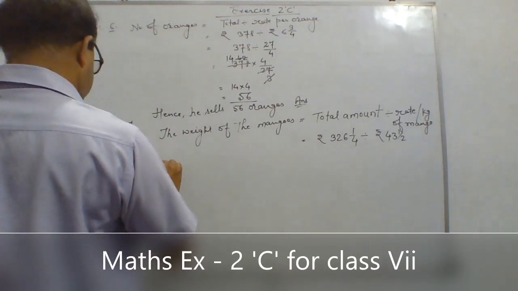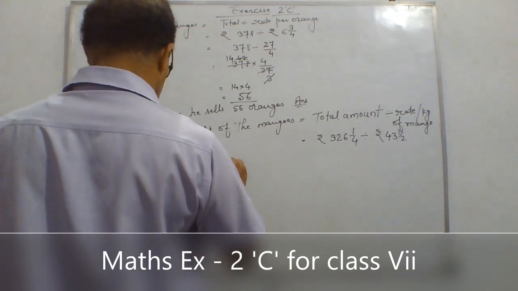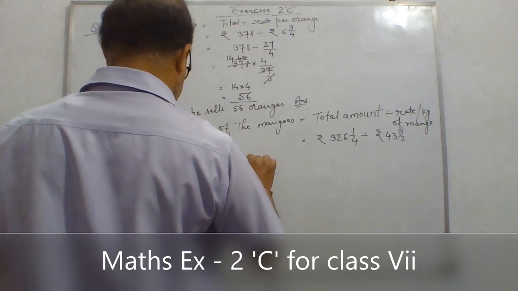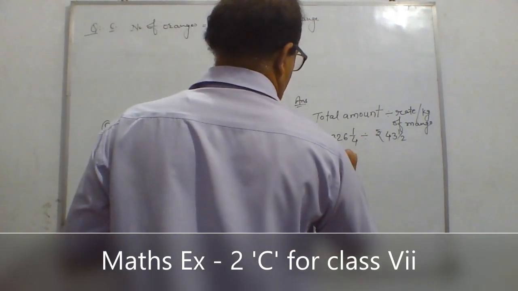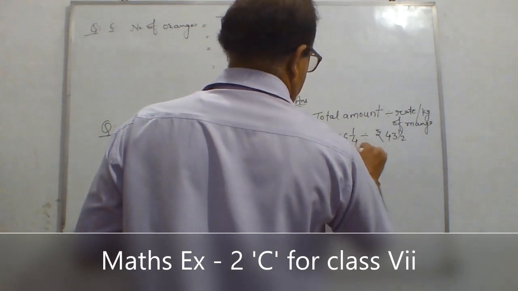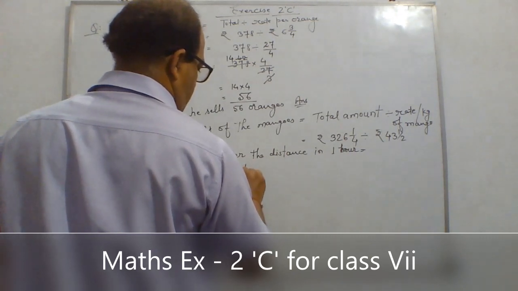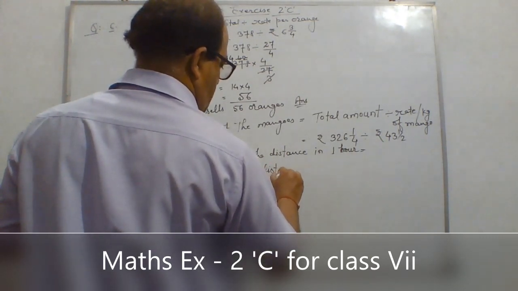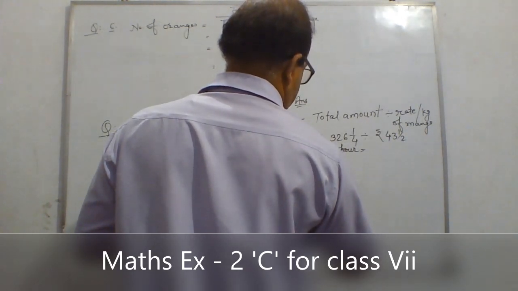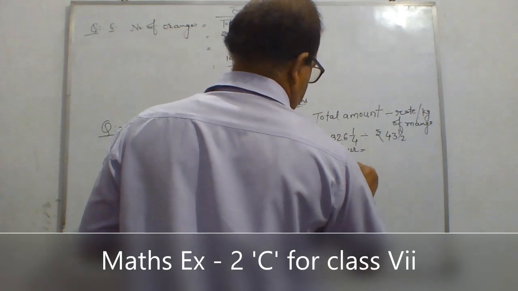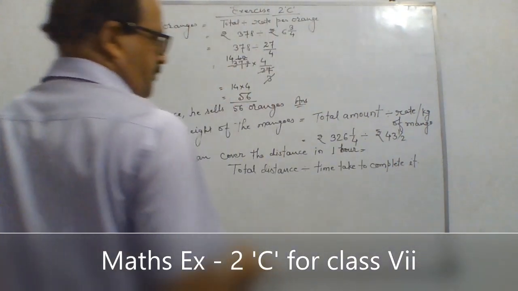Solution. The distance Vikas can cover in 1 hour is equal to total distance divided by time taken to complete it.